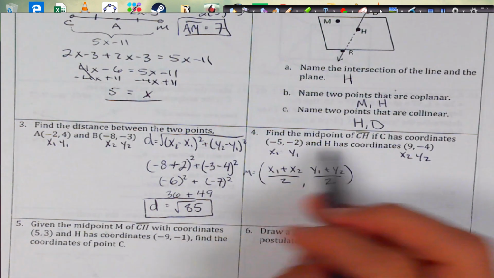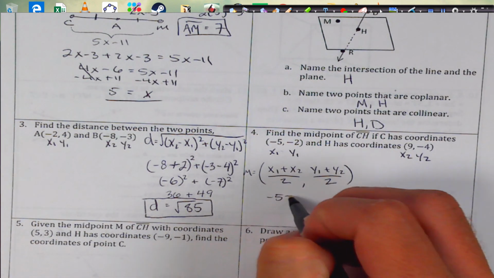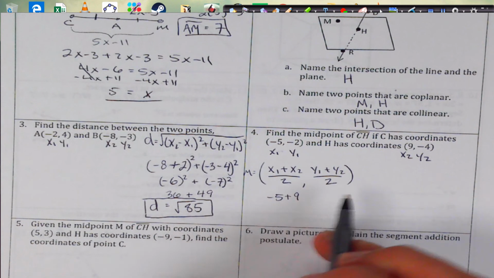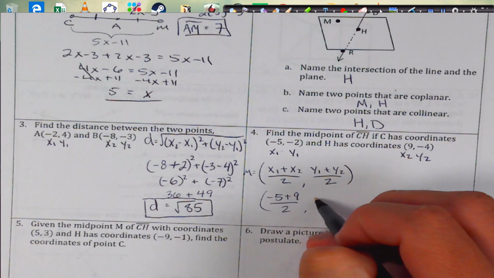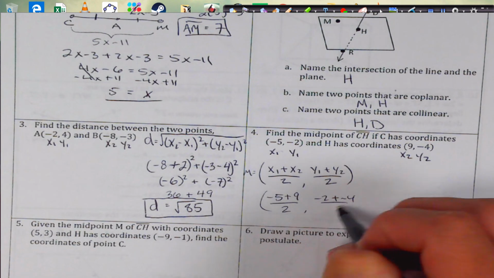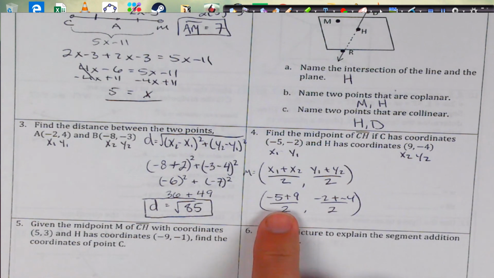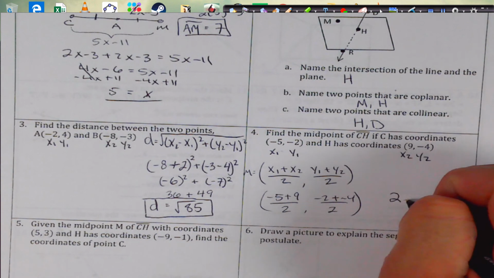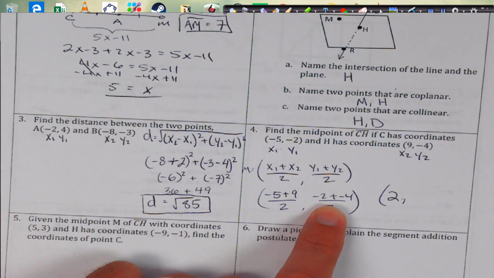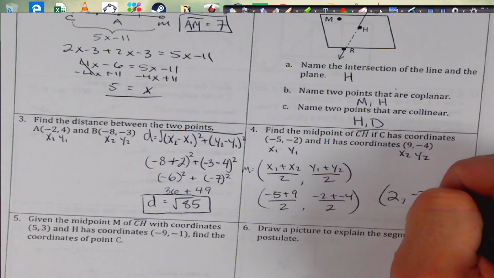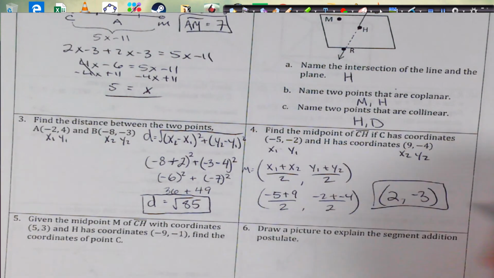So we get negative 5 plus 9, sorry, this is plus, and then we're going to get negative 2 plus a negative 4. Negative 5 plus 9 is going to give us 4 divided by 2, so we get 2 from that piece. And then negative 2 and negative 4 is a negative 6, divided by 2 is a negative 3. And so there's our midpoint.